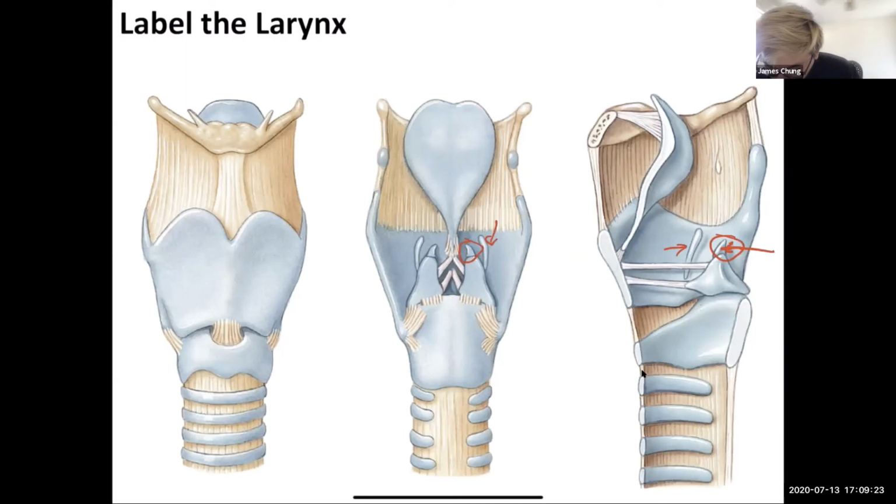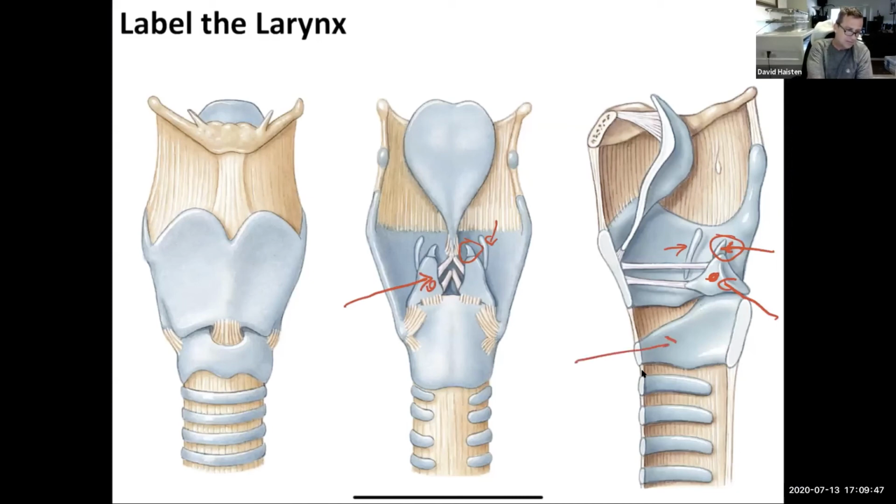Is it the corniculate cartilage? Yes, it is. You're spot on. Corniculate cartilage. Okay. What cartilage is this? The arytenoid cartilage? Arytenoid cartilage.